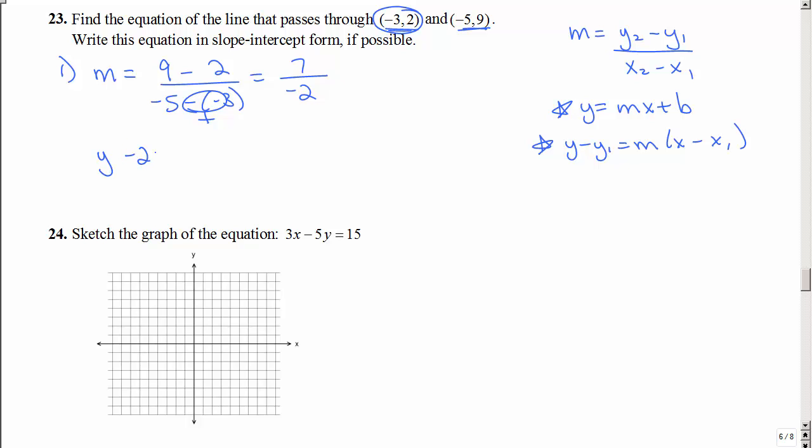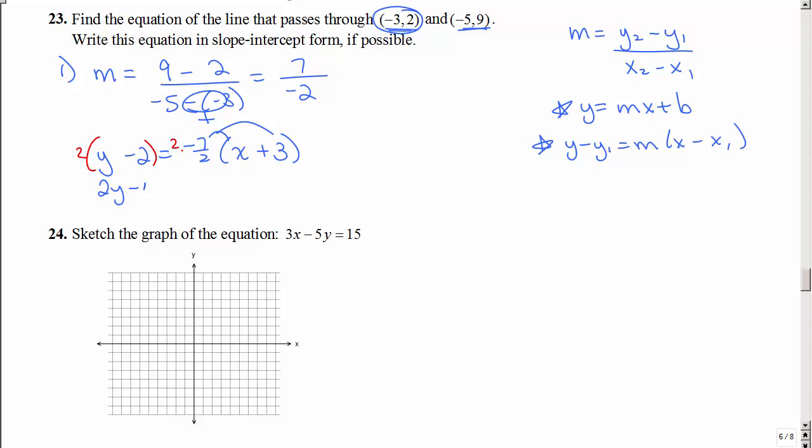So I'm going to say y minus 2 equals my slope times x minus a minus 3. And now I have to do some algebra manipulation to get it into the right form. You could distribute, that would be fine. What I'm going to choose to do is multiply this side by 2 and this side by 2.